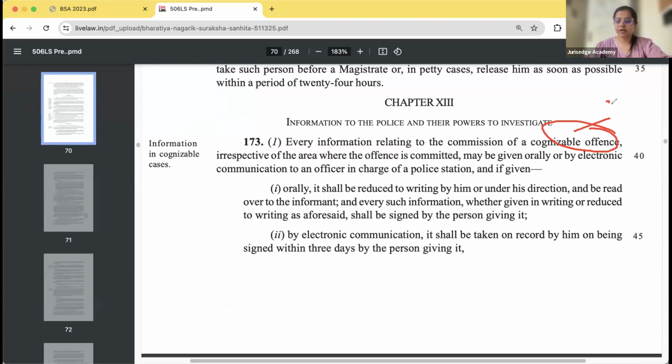Cognizable offenses are provided under Schedule 1, and cognizable offenses are those where the police officer can arrest without warrant. Without warrant, the arrest can happen. Irrespective of the area where the offense is committed. This is something new. This is called zero FIR.